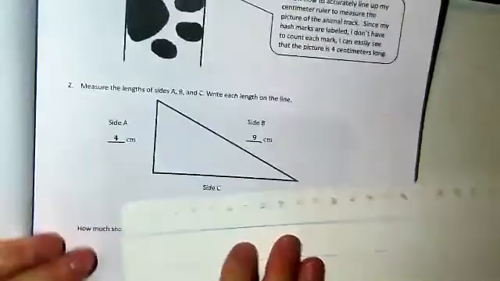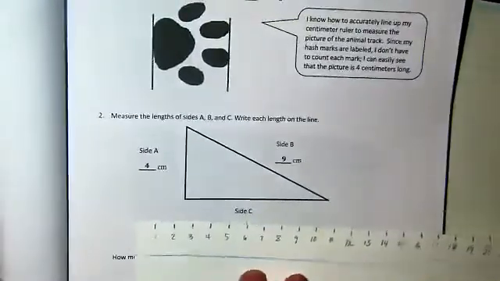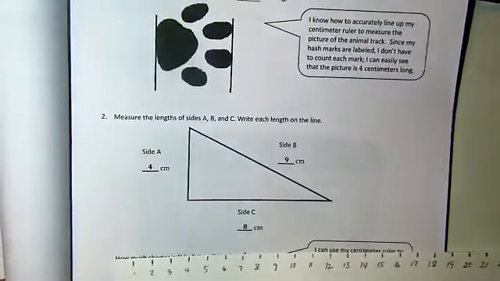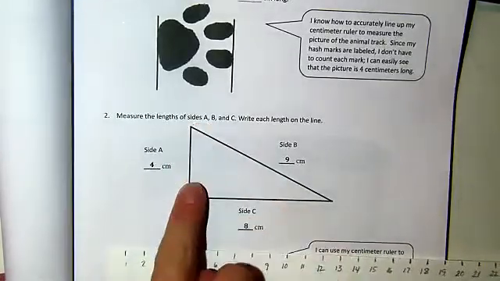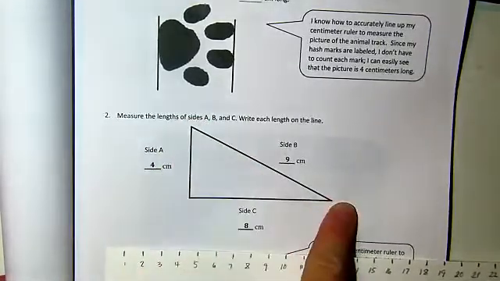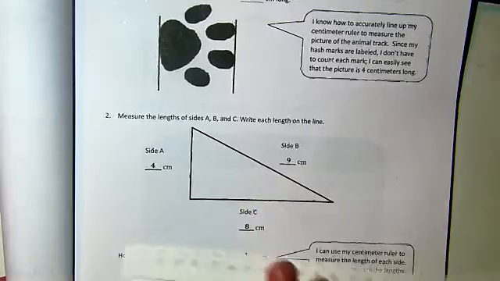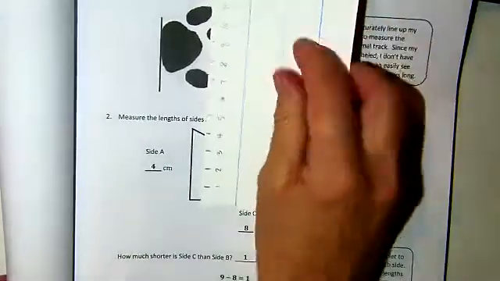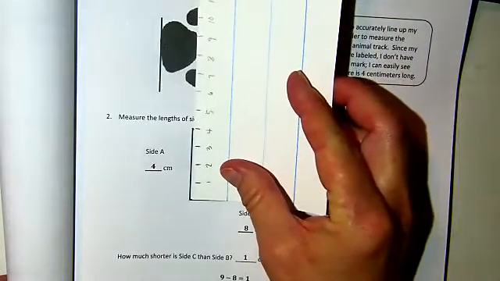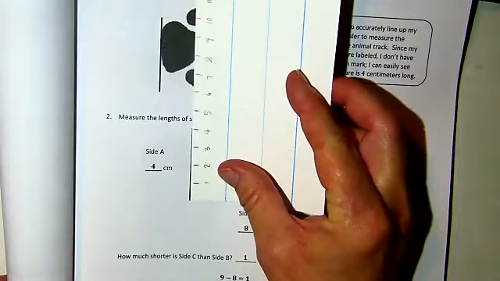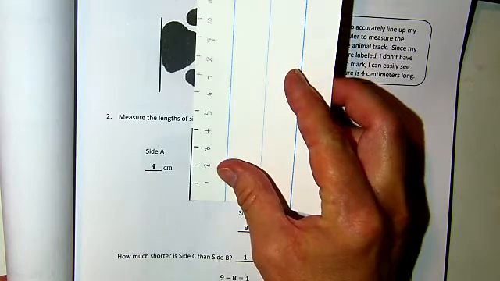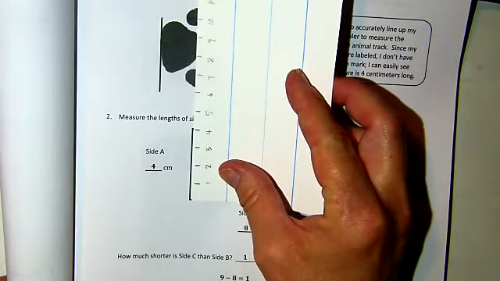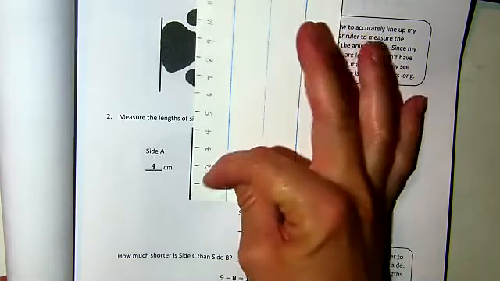So we're going to be asked to measure the lengths of the sides. So we have side A, side B, and side C. If I'm measuring side A, I'm going to turn my ruler to the side, and again we can see that this line is 4 centimeters long.